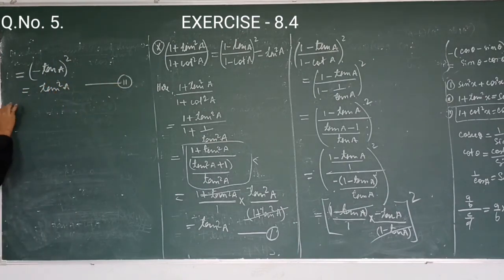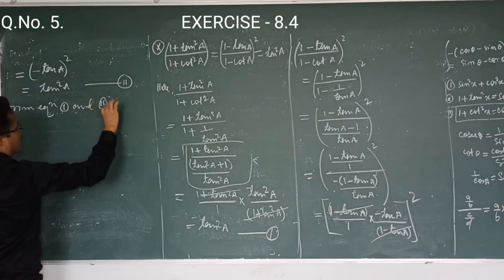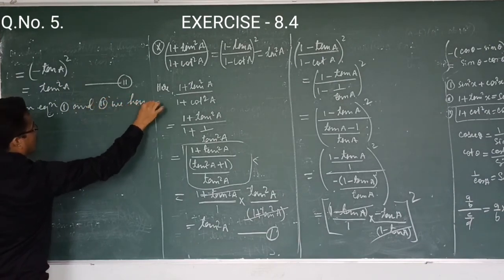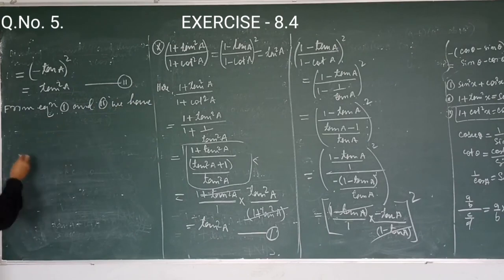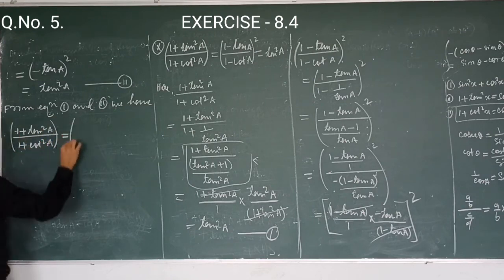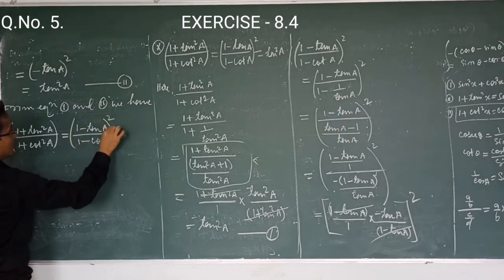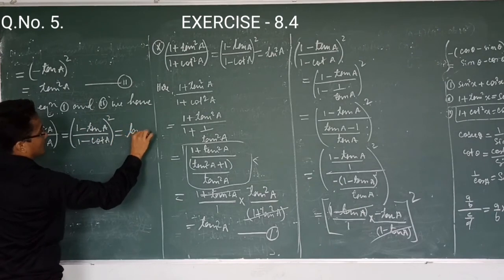So from equations 1 and 2 we have: (1 + tan²A)/(1 + cot²A) = ((1 − tan A)/(1 − cot A))² = tan²A.